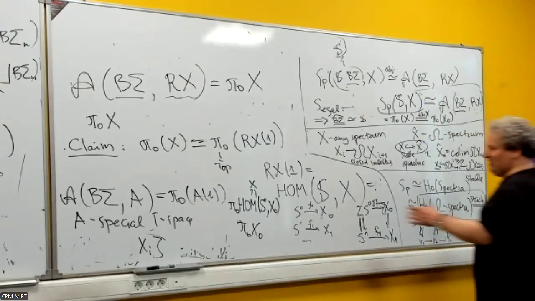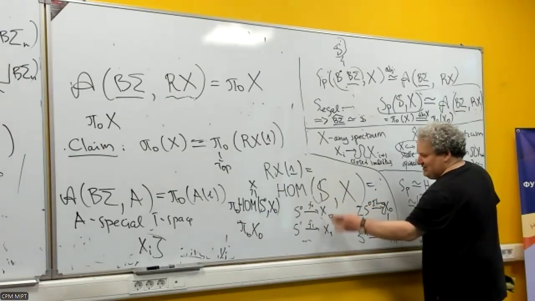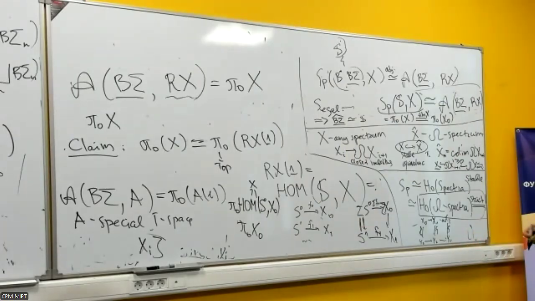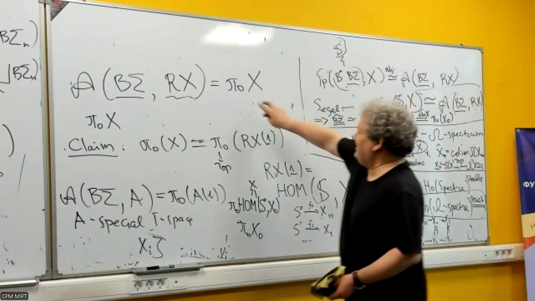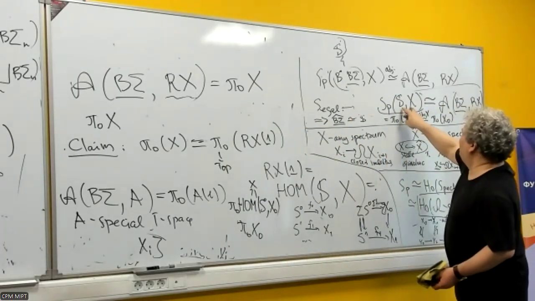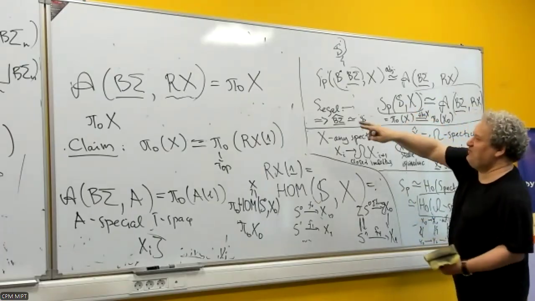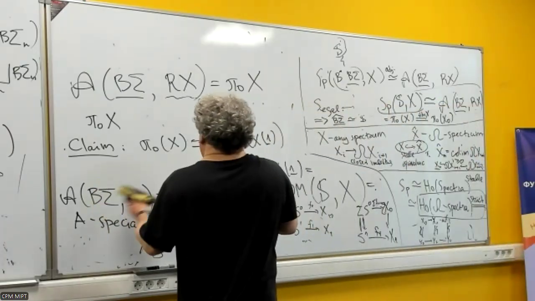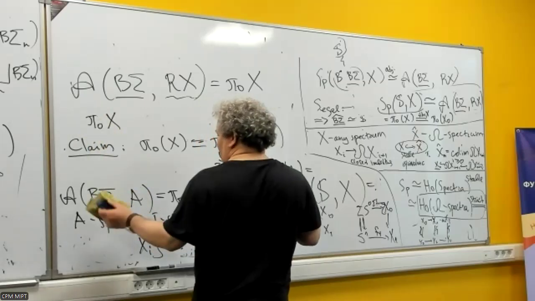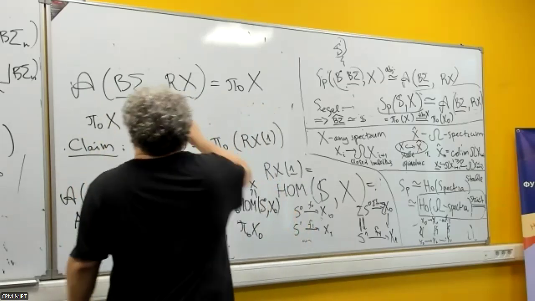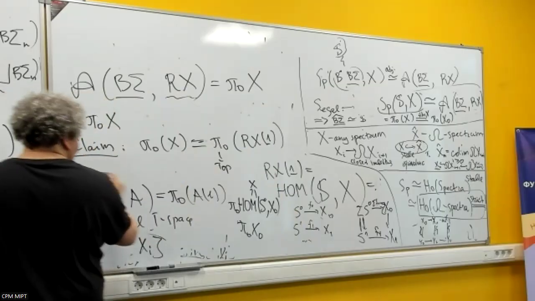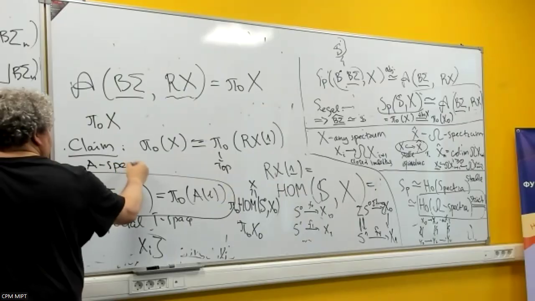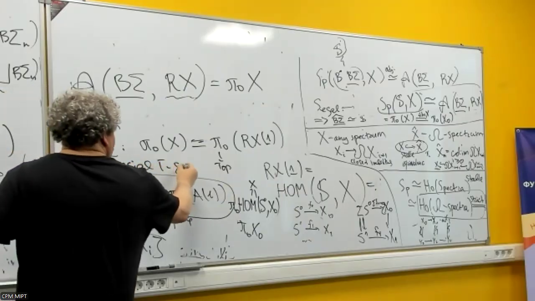So the meaning is that I have just x0 as a topological space, and pi 0 of this topological space, and from this formula I had pi 0 of spectra, meaning the stable group. But for omega spectra, they are the same. And this is very nice, because up to this replacement, I can indeed prove this formula, where A is a special gamma space.